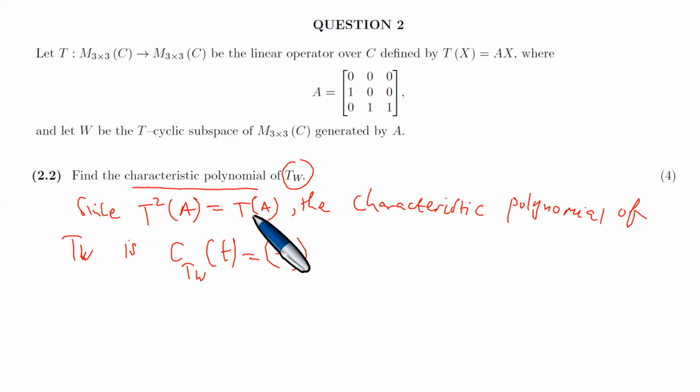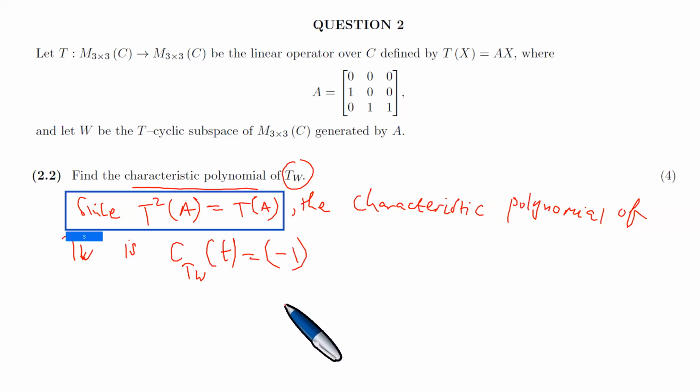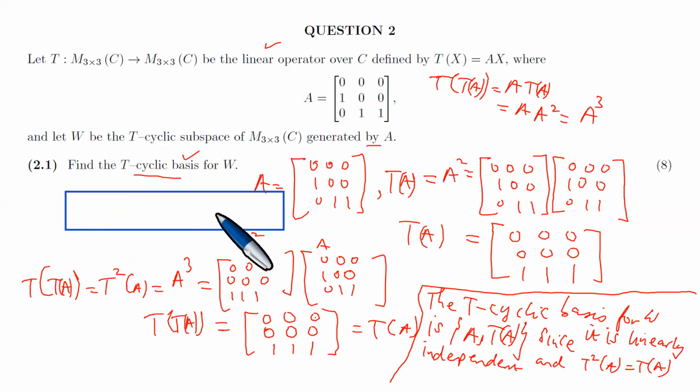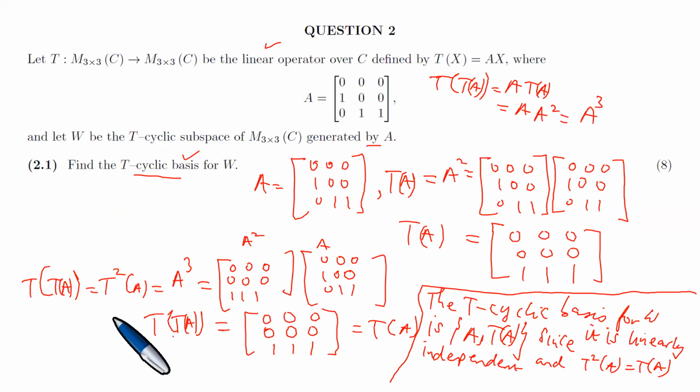Where did this come from? It came from the previous results. It came from this point, because at this point we found T squared, but T squared became equal to T of A. T squared became this one, the zeros and ones at the bottom, and TA had the zeros and ones at the bottom.